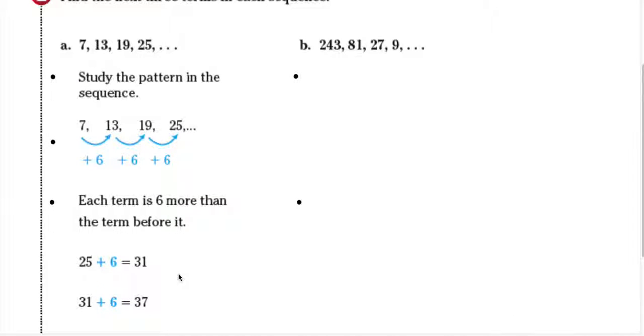Let's take a look at letter B: 243, 81, 27, and 9. Let's study the pattern. When you take 243 and divide it by 3, you get 81. 81 divided by 3 is 27, and 27 divided by 3 is 9. Or you can multiply them all by 1/3.